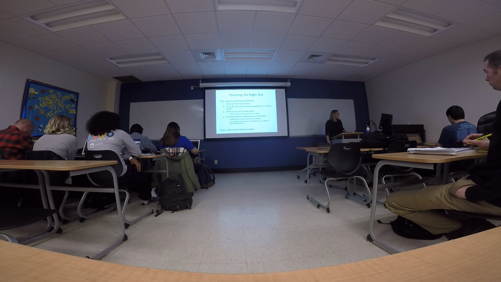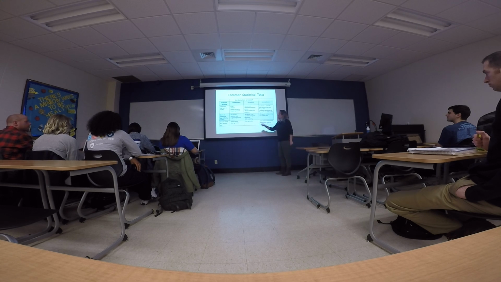And this is another way to look at this. If you have that outcome variable as continuous, then your options are these, right? And whether your observations are independent matters.